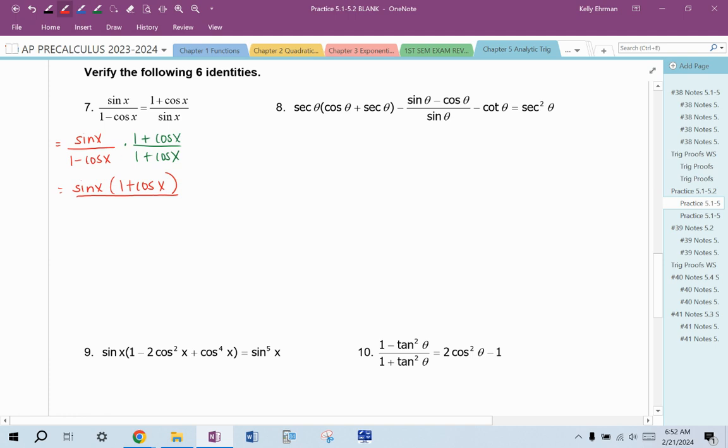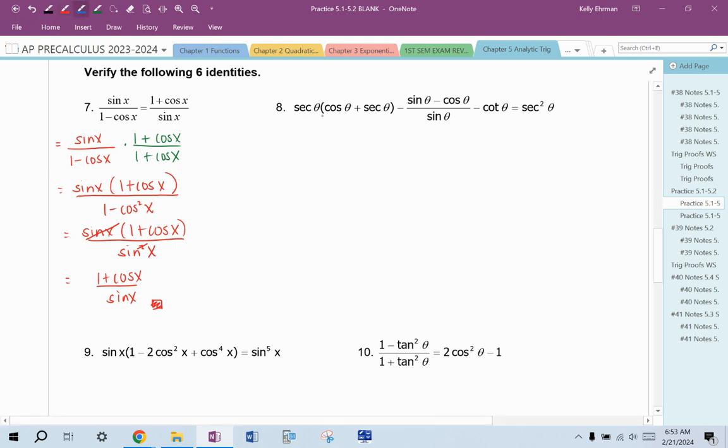Do distribute the conjugates. So 1 minus cosine times 1 plus cosine is 1 minus cosine squared x. 1 minus cosine squared x on the bottom is sine squared x. This sine can cancel with one of those. Leaves me with 1 plus cosine x over sine x, which is what the right side of the equation is. So I put a little box to say that it's proven.